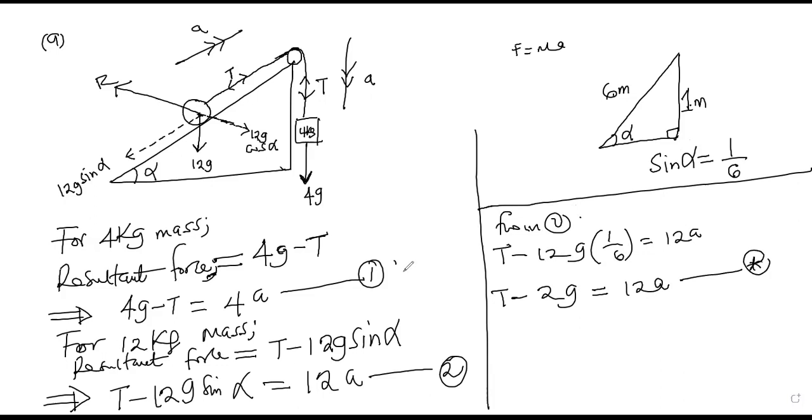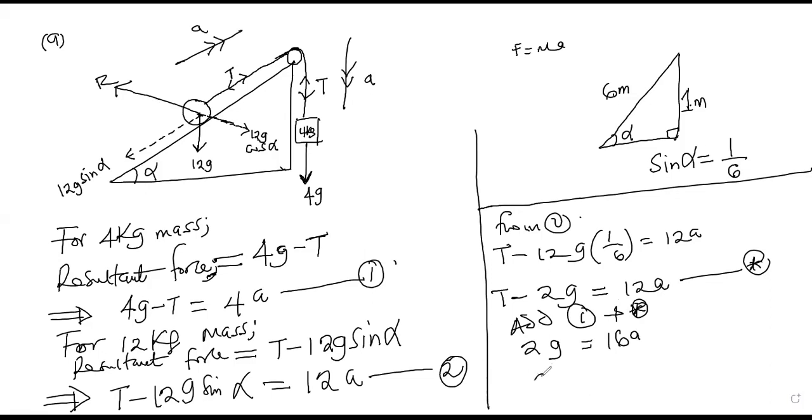If you add equation 1 and 2, you can eliminate that T, because here you have minus T and here you have T. So we have 4G plus negative 2G, that will be 2G, is equal to 4A plus 12A, that is 16A.